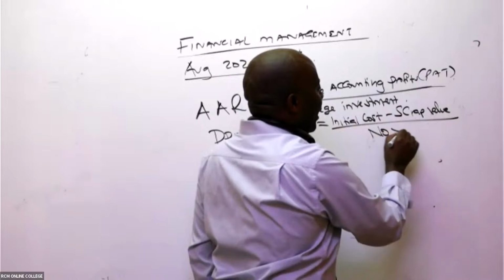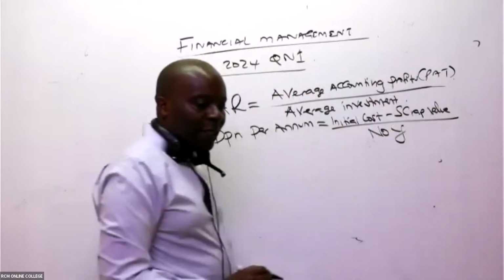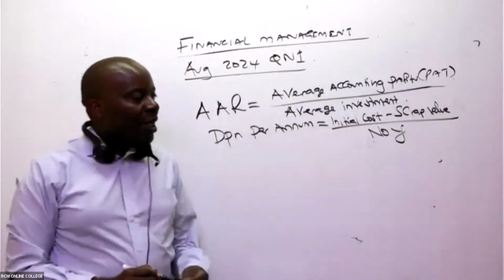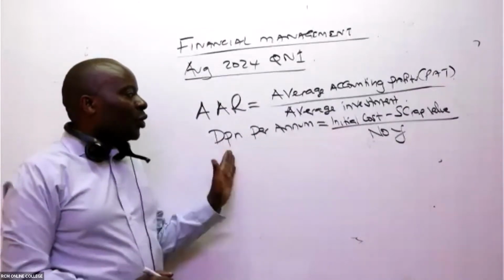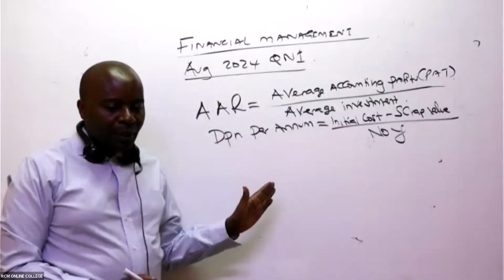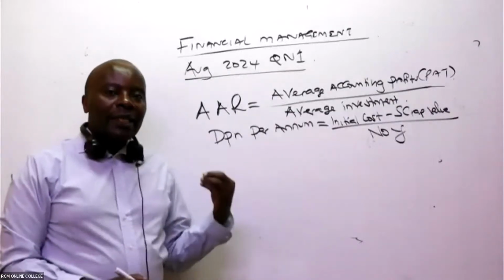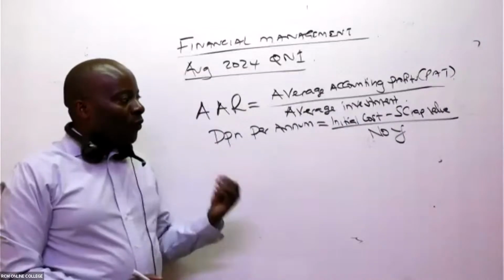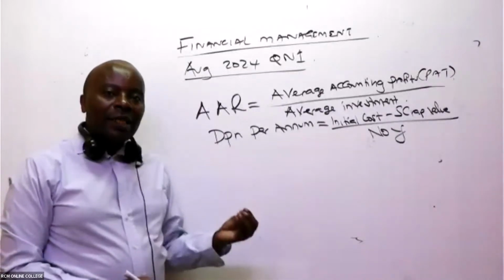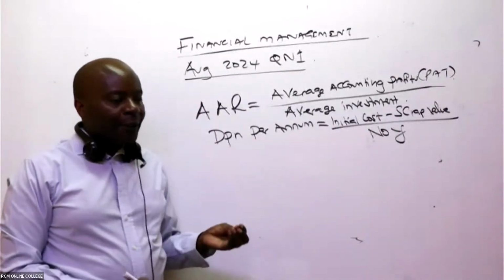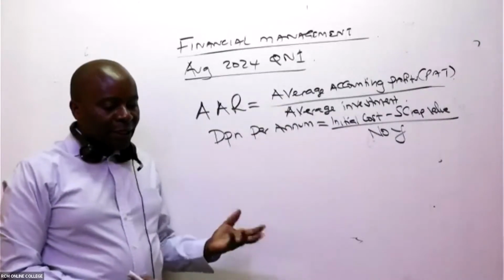We divide this by the number of years. So for us to get this depreciation per annum, we are taking initial cost minus the scrap value all over the number of years of this particular asset. I'll do my figures in thousands.